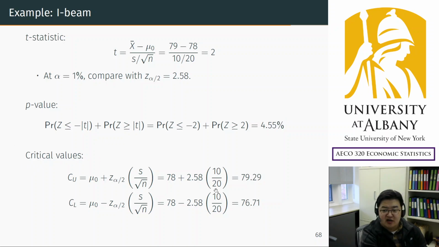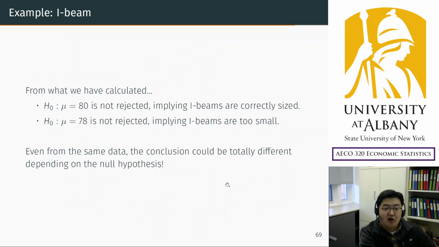You are rejecting only 1%, but your outcome is 4.5% from the top. And critical values are given by these numbers. So 78 is the new center, and plus minus 2.58, which came from the 1% significance level. So calculate the margin, and you get this. From all three approaches, you cannot reject the null hypothesis. Null hypothesis is not rejected. So then what I want to say here is this. Earlier, I chose the null hypothesis this way, and that null hypothesis was not rejected.